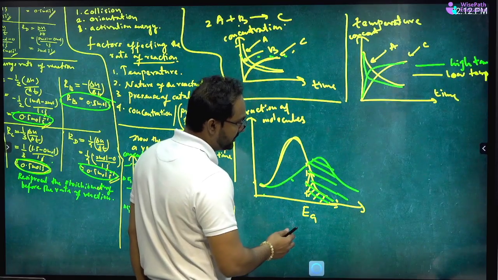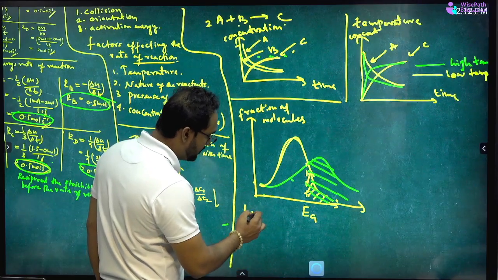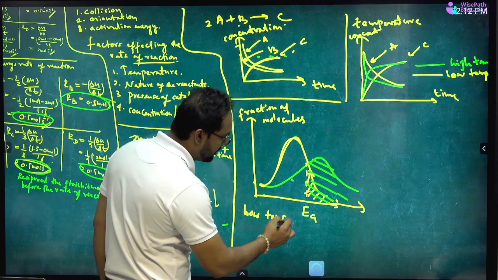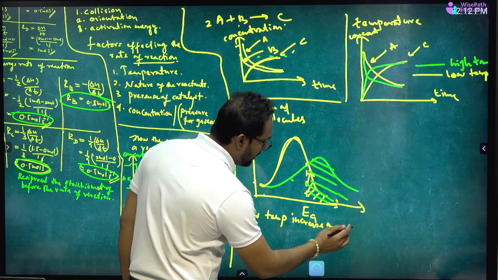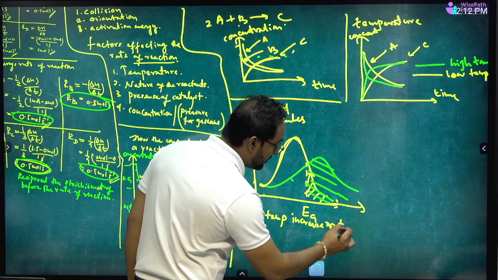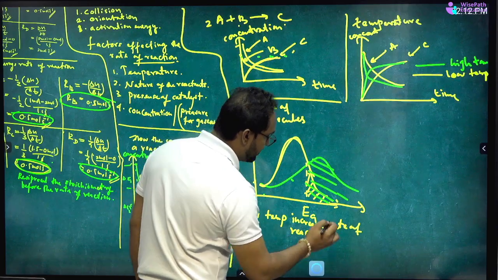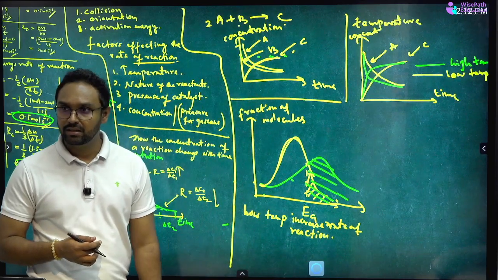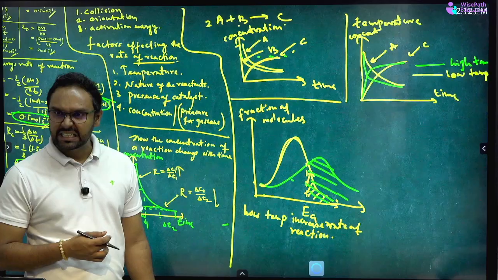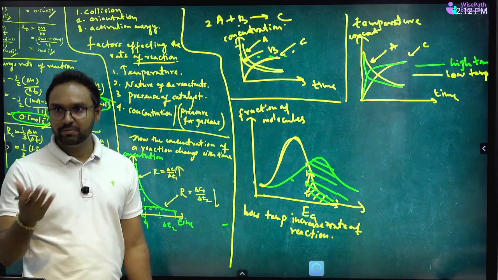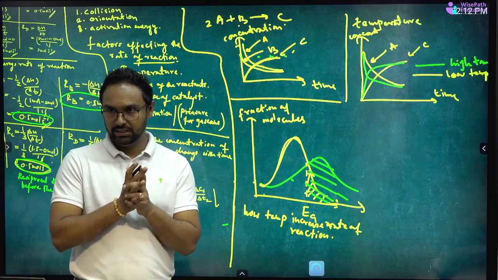So this is how temperature increases the rate of reaction, right? How has it increased it? By increasing the fraction of molecules that have overcome the activation energy, right?